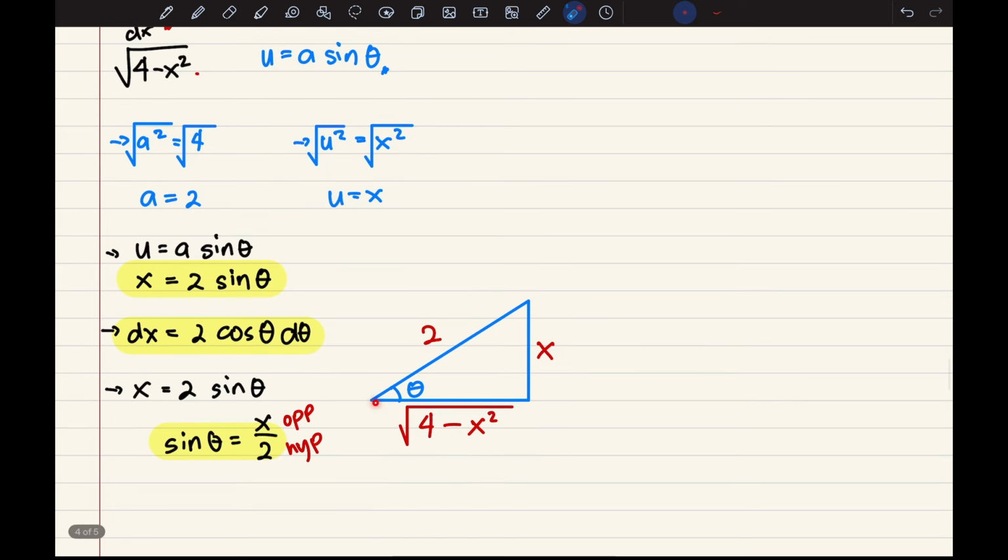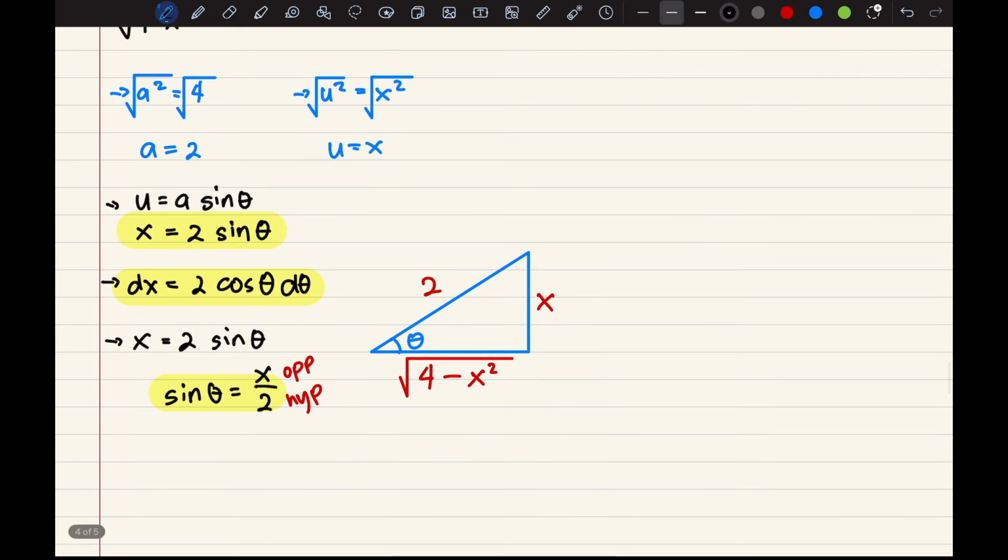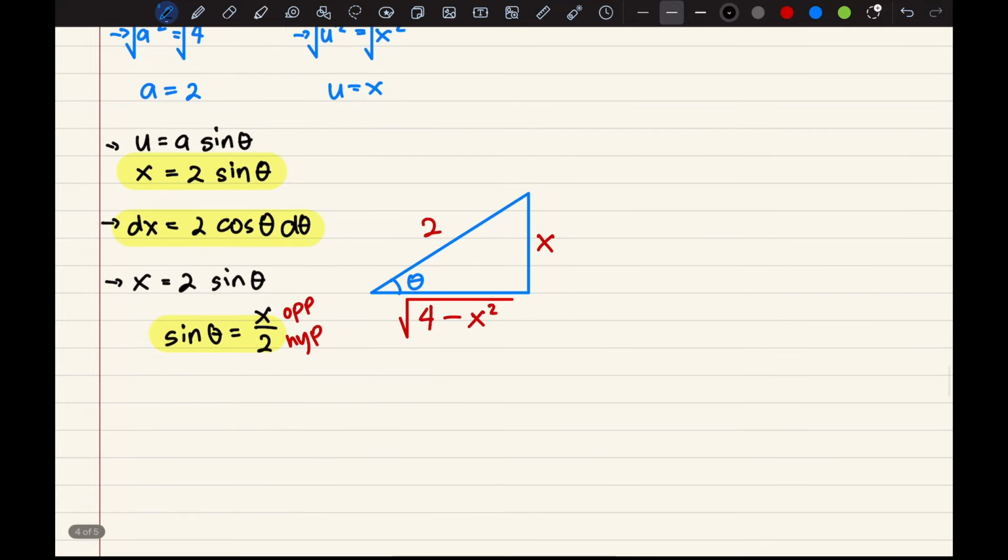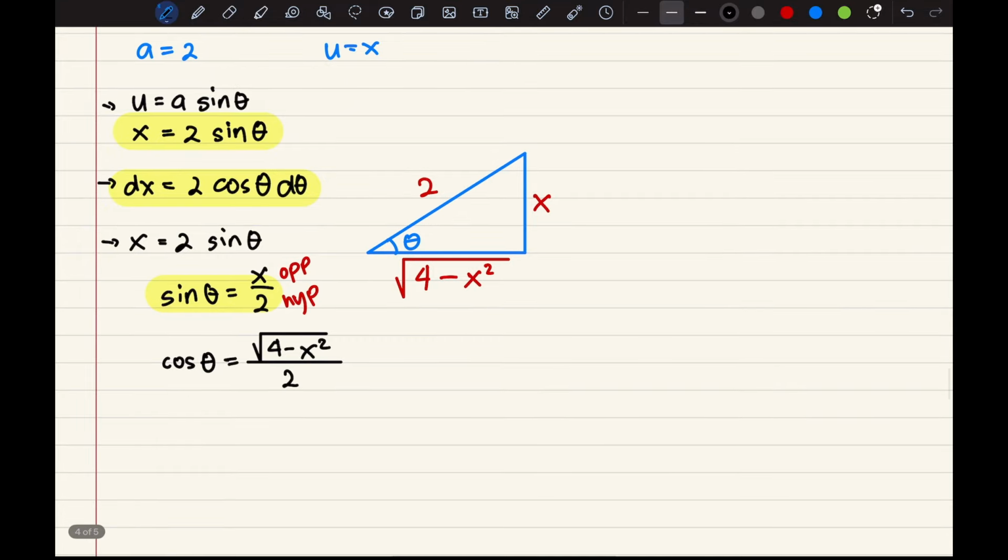So let us now find a substitution for square root of 4 minus x squared. So relating this side and then the hypotenuse with theta. So the function that we will be using is from SOHCAHTOA. The function that we will be using is the cosine function. Cosine theta is equal to, the adjacent side is square root of 4 minus x squared, so square root of 4 minus x squared all over the hypotenuse. The hypotenuse is 2. So we write 2. This is now our equation for cosine theta.